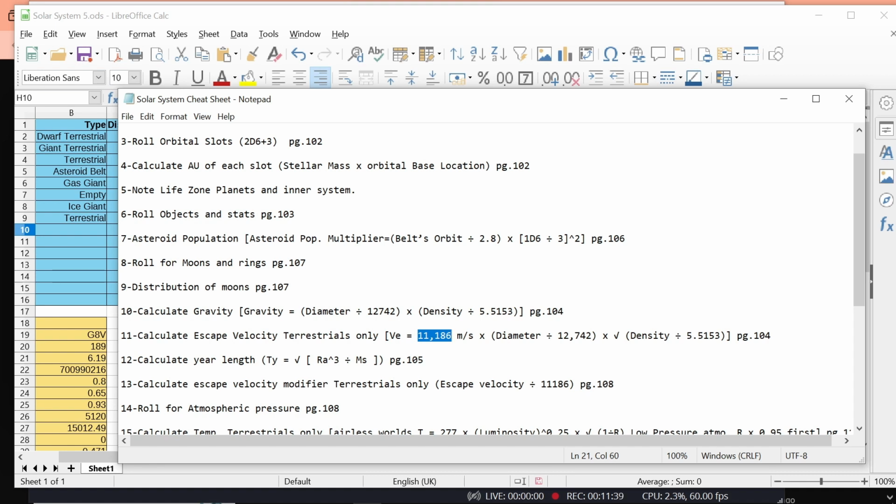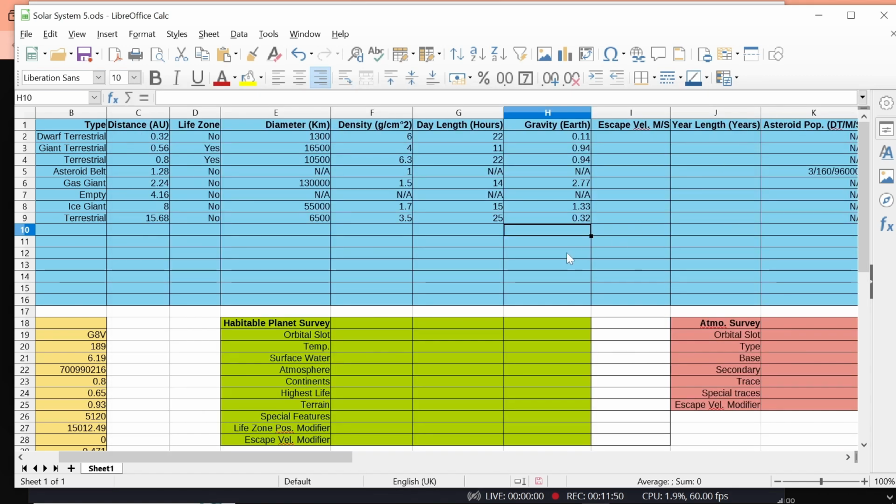And that will give us our escape velocity for each terrestrial planet, excluding dwarf. Well, you can do your dwarf terrestrial planets. You can do the escape velocity of any planet, but I keep stuff to a minimum of what I need to calculate, so I'm just simply not going to do that one. Giant terrestrial. And we will start with the density, which is 4.